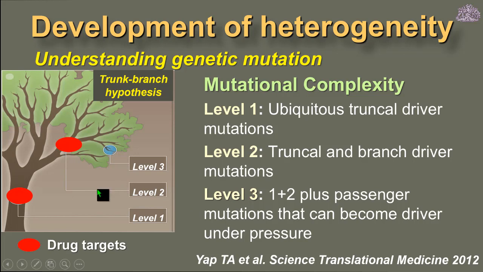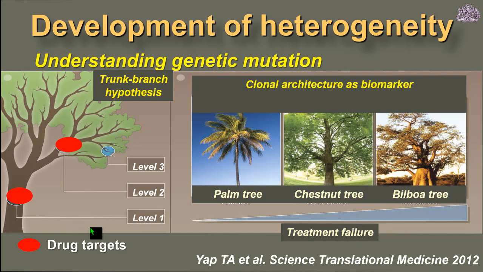The reason why thinking about this level of mutation is important is that level 1 and level 2 mutations are potential drug targets, and these are what companies try to design drugs to target, these particular levels of mutational changes.